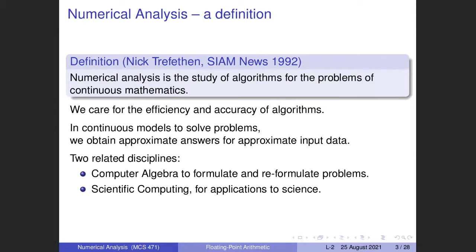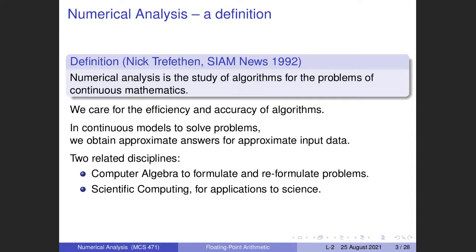There are two related disciplines, a little bit related to the precursor course, MCS 320, which was on symbolic computation. Here it's stated as computer algebra. Computer algebra is very useful to formulate and also reformulate our problem. So we will see in this lecture an example of a reformulated calculation.